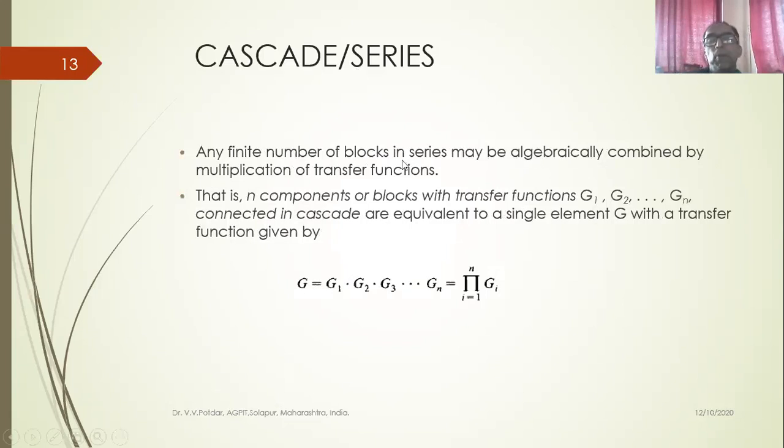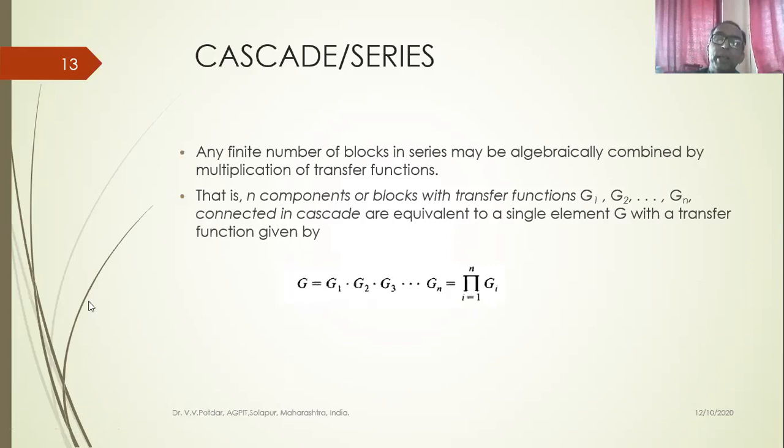Any finite number of blocks in series may be algebraically combined by multiplication of transfer functions. That is, n components or blocks with transfer functions g1, g2, g3, g4 up to gn, connected in cascade or connected in series, are equivalent to a single element g with a transfer function given by g is equal to g1 into g2 into g3 into g4 up to gn.